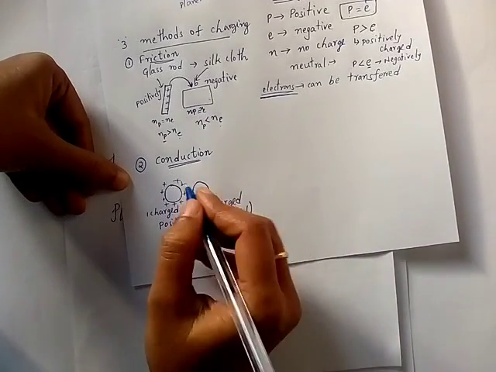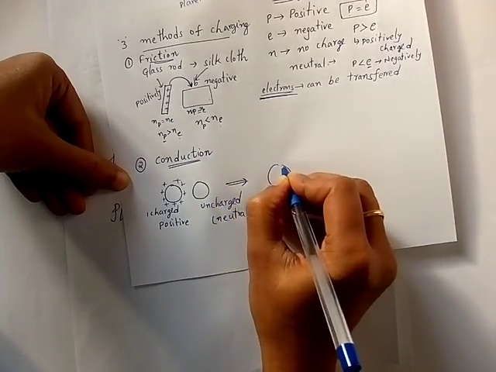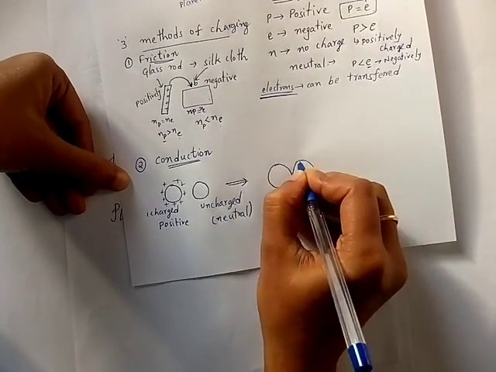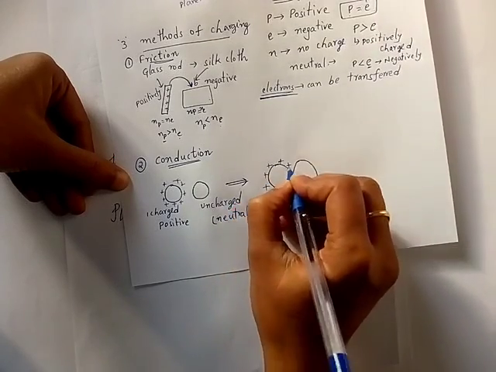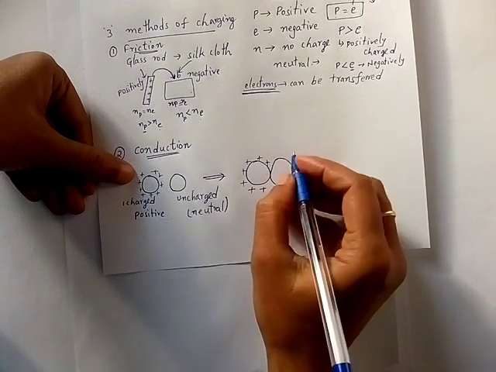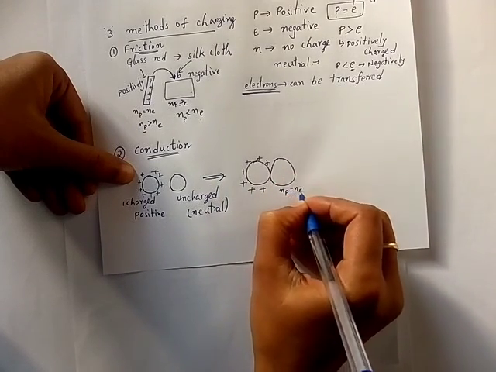Now when you make them touch each other, in conduction you have to keep both the bodies in contact. In this neutral sphere, NP is equal to NE. For the other sphere, NP is greater than NE, so here protons are greater than electrons.